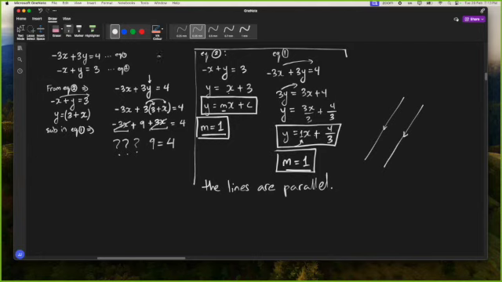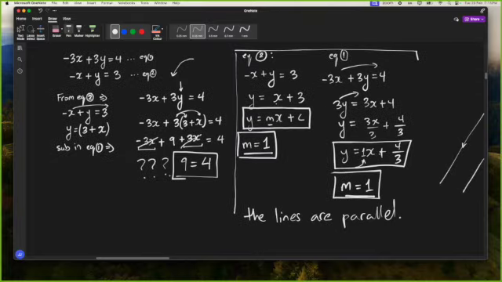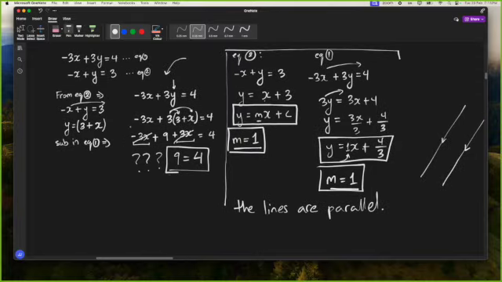So when you try to solve them simultaneously, you're going to end up with some nonsense like 9 is equal to 4, something that could not possibly be true. Right? So when you solve simultaneous equations, and as I say, you don't need to do this in the box here. I just did this to show you that they are parallel, that they have the same gradient.